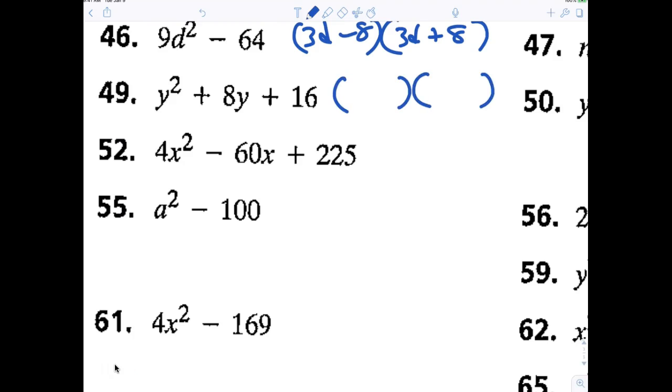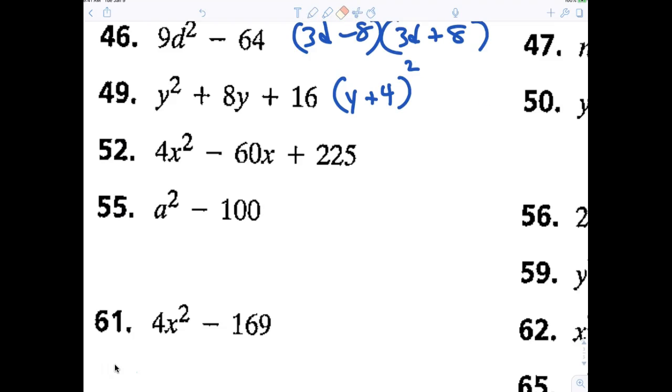So it's 2 parentheses, y plus 4. That's right. And then it's yes. Good job. Y plus 4 squared.